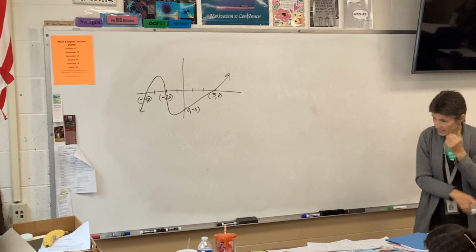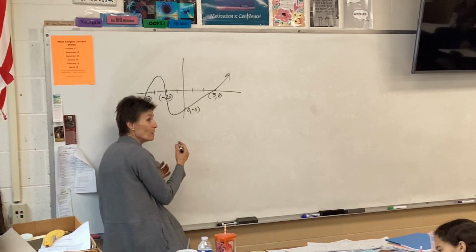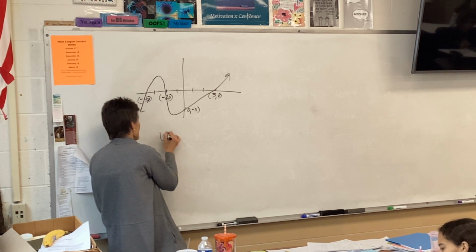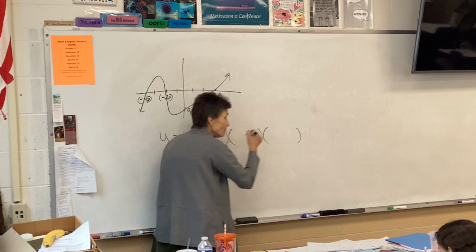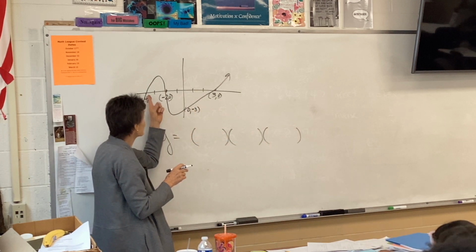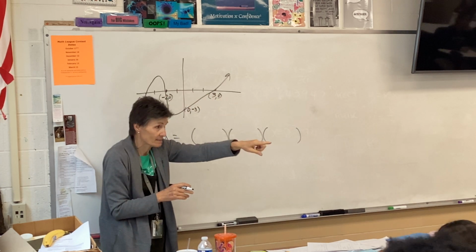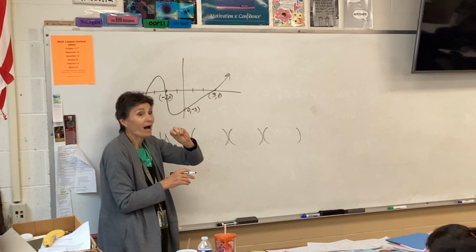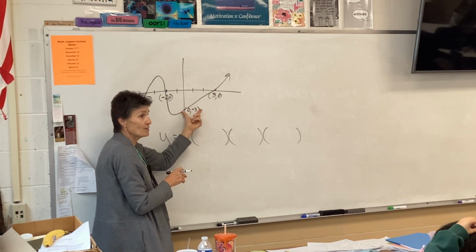Points, correct? We need the points. So in other words, we have the points, we need the factors. So the factors, there will be 3 of them. Why are there 3 factors? Because there are 3 dots, 3 x-intercepts. Do not build this guy into your equation.